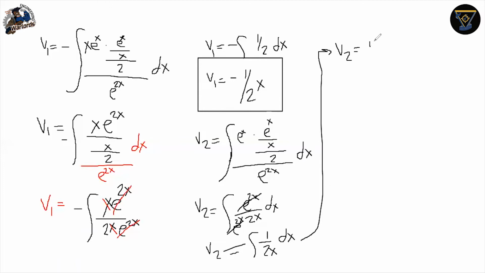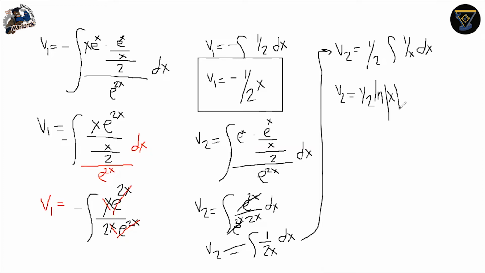So it's going to be a half integral of 1 over x dx. So v2 is equals to a half. And the integral of 1 over x is ln x. So this is ln x.